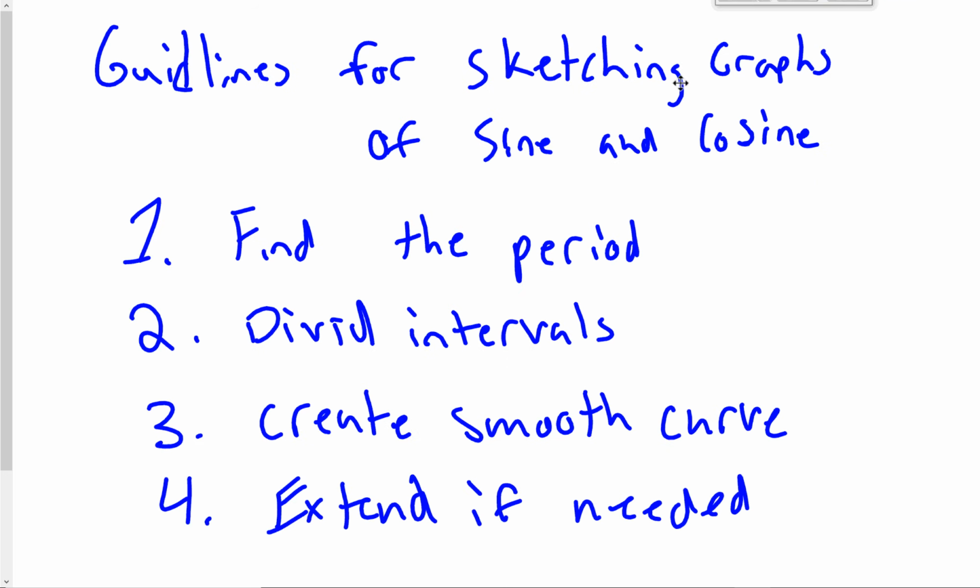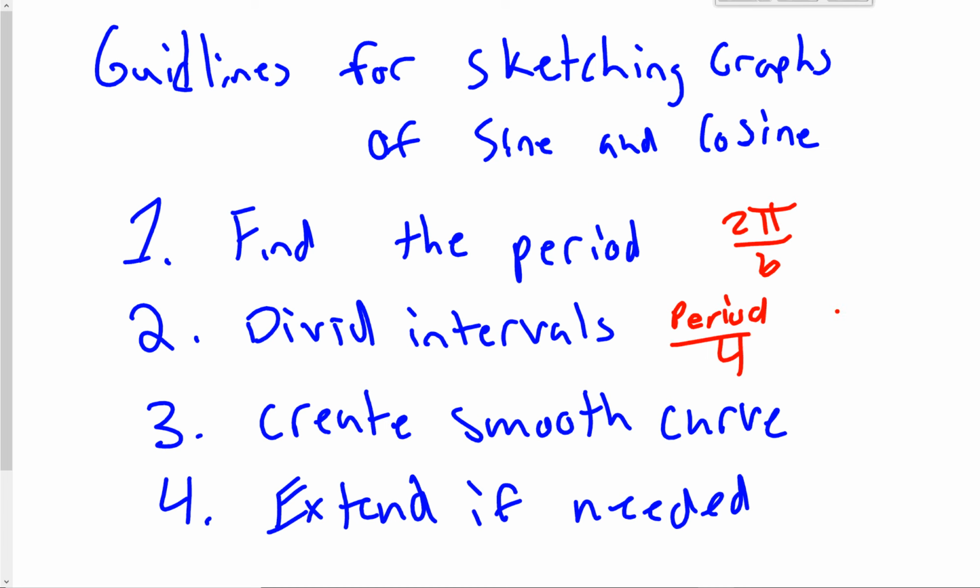So here are the steps, guidelines to sketching basic sine and cosine. You find your period, which is 2 pi for sine and cosine, divided by b. B is what's being multiplied by x. Then divide into your intervals, so that's your period divided by 4.